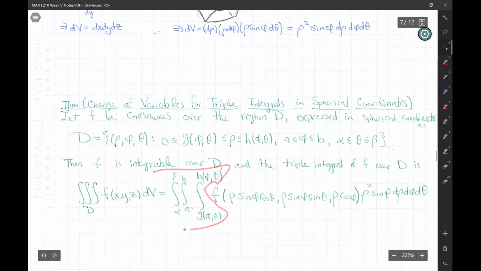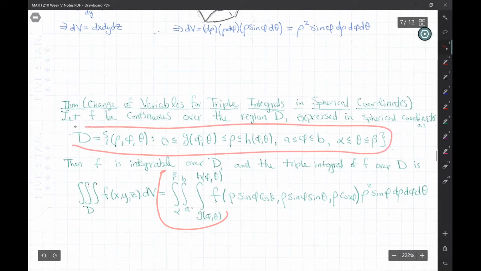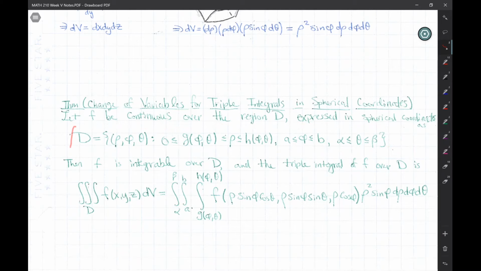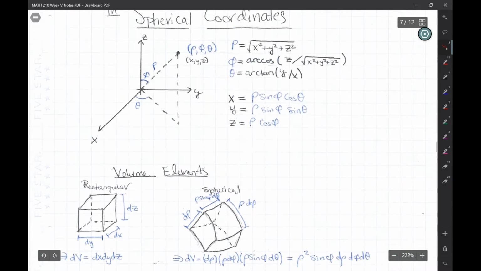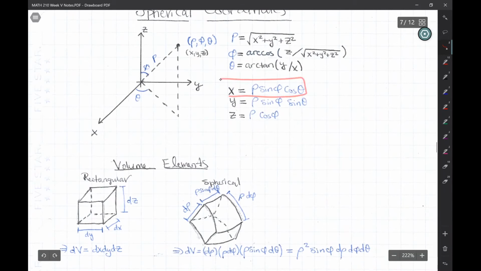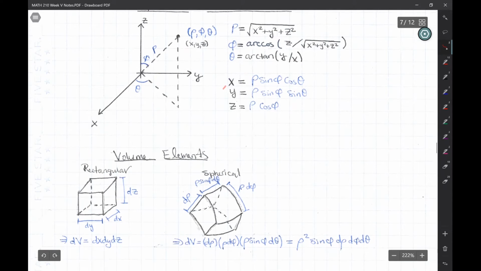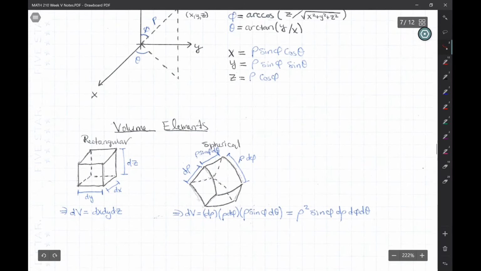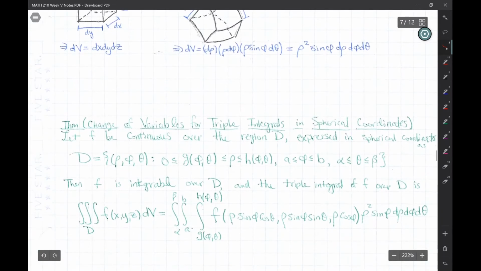Here, our integration bounds are obtained from using our description of the region of integration above. Notice here that for any x, we use rho sine phi cosine theta, which is the formula for x for converting from spherical coordinates to Cartesian or rectangular. So wherever one sees an x, they plug in this expression.